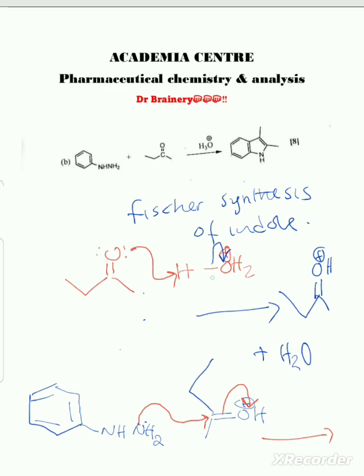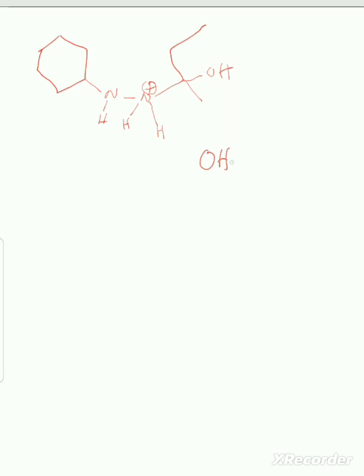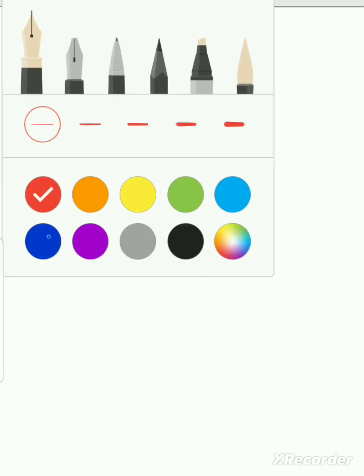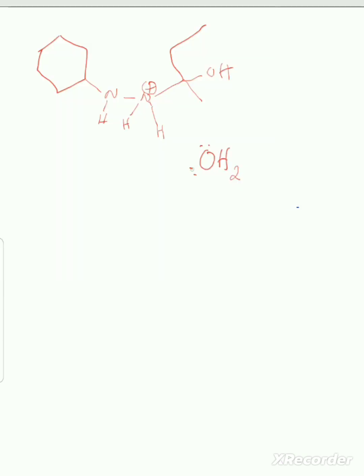The first thing we're going to do is neutralize the charge on the nitrogen by removing this hydrogen. What have we remained with after protonating? We have water. This water is the one that I'm going to bring here, with one lone pair of electrons.